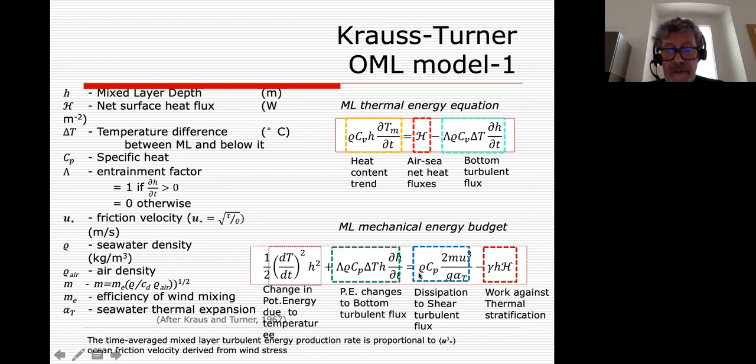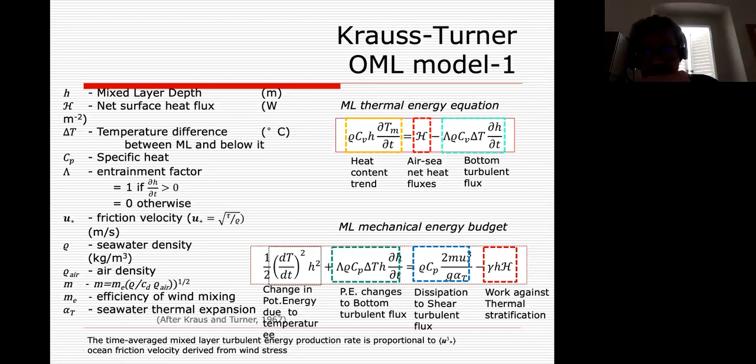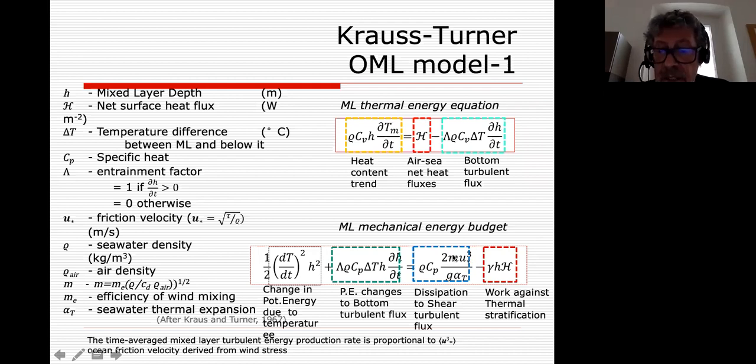And again, we have two terms that we know exactly, the density and specific heat, but we have another term which is new, and this depends on m, which is the measure of the efficiency of the mixing, which depends in turn on the efficiency of the wind mixing and the density of the water and the density of the air.